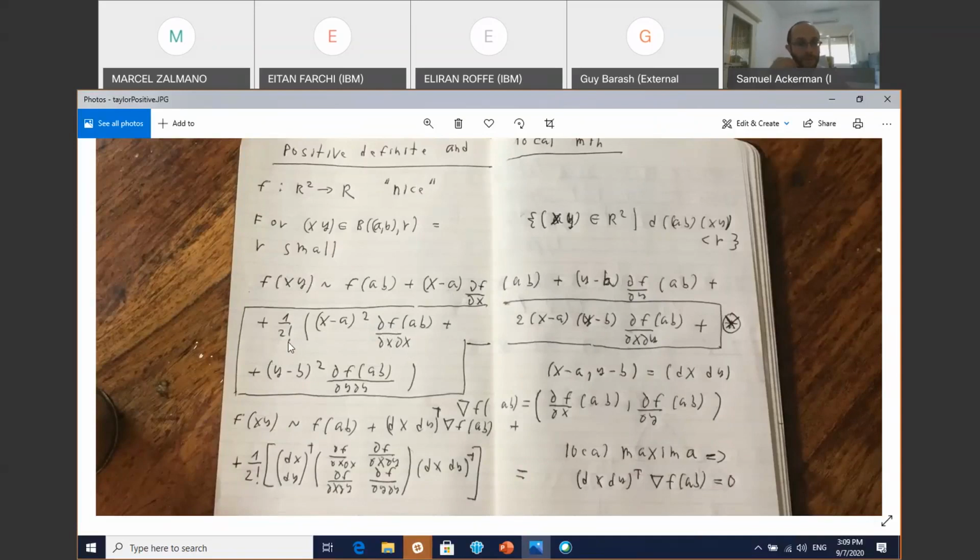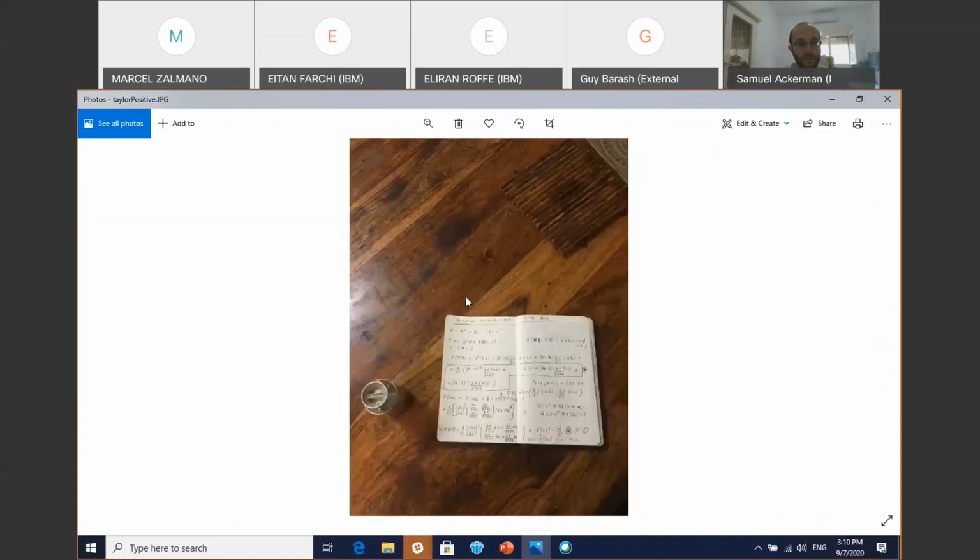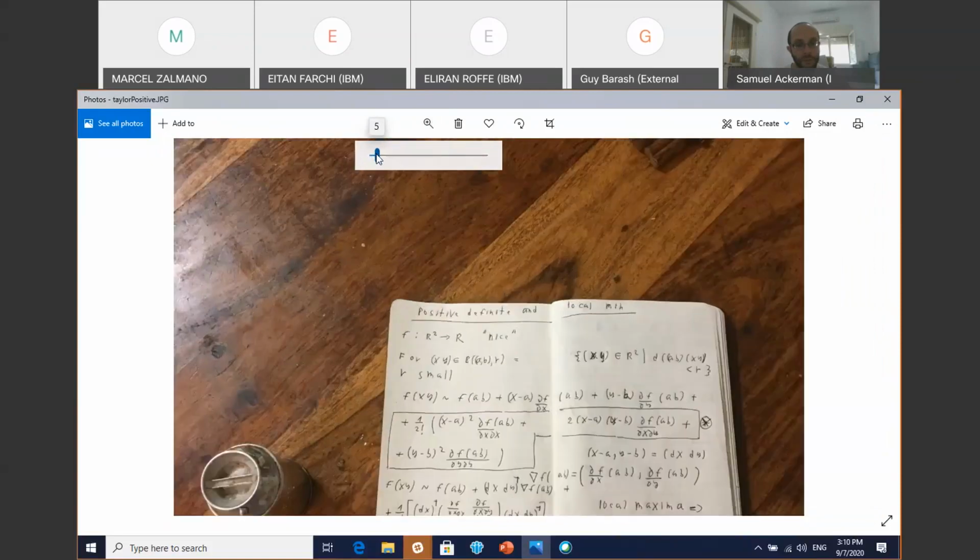Not needed, just when the next expansion will be 3 factorial, then it will be needed. Okay, and then 4 factorial and so on. It's the same thing. That's my point.